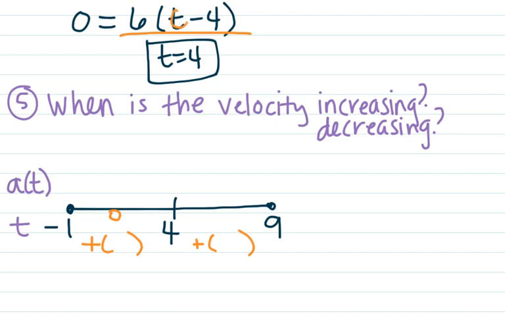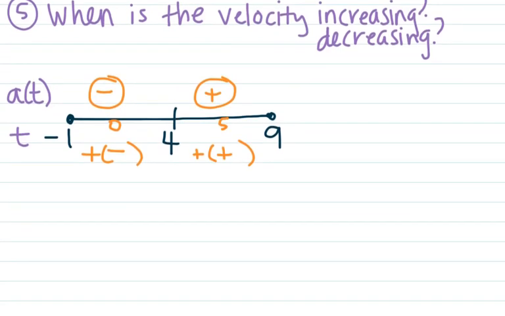So if I plug a 0 in, that's going to be 0 minus 4, which gives me a positive times a negative, which means overall the acceleration is negative from -1 to 4. And then if I pick a 5 and plug that in, that's going to give me a positive. So the acceleration is positive from 4 to 9.